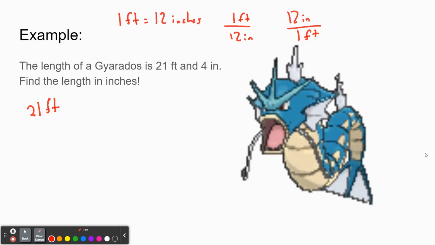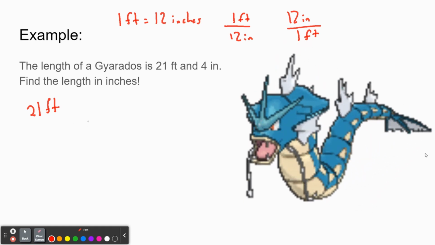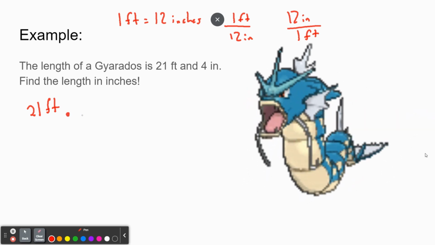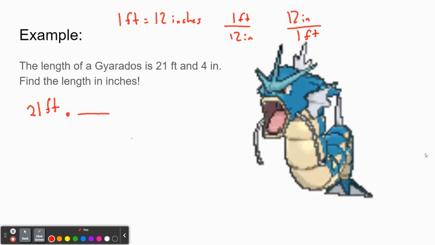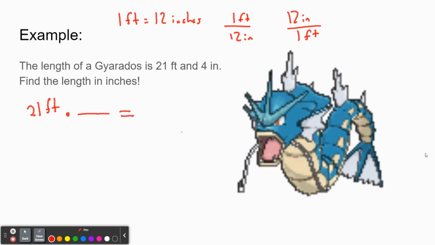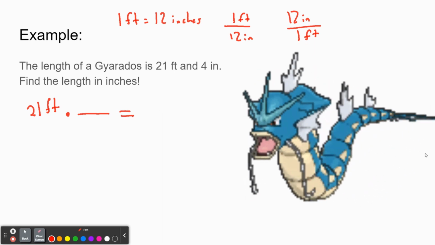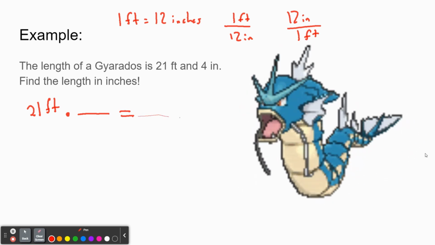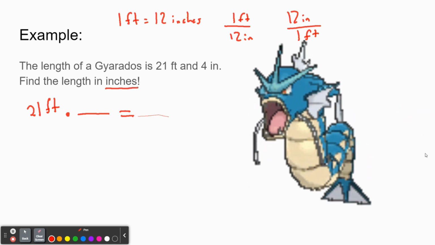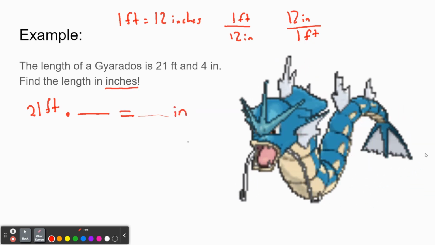Now, this actually does matter because we are trying to find the length in inches. So what we're going to do is put a little multiplication sign here, and put it in our line for our fraction, but we're not going to fill it in yet. We're then going to put our equal sign, leave a space for it to be blank, and then put the units that we want to get. We want to get inches, so we're going to put inches here.